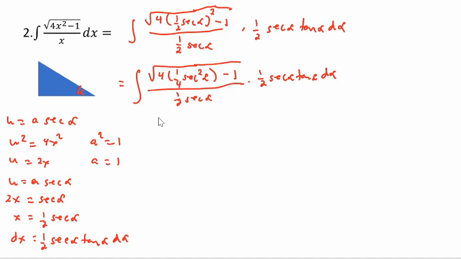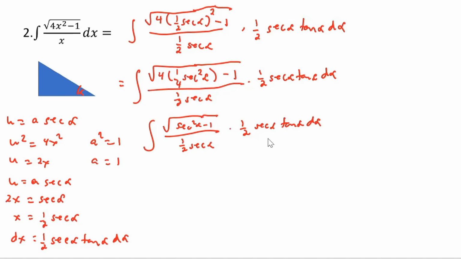So the remaining term now is the integral of the square root of secant squared alpha minus 1 over 1/2 secant alpha times 1/2 secant alpha tangent alpha d alpha.